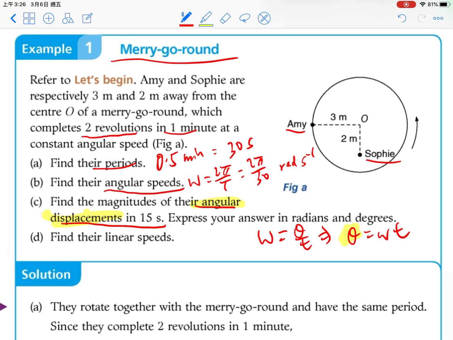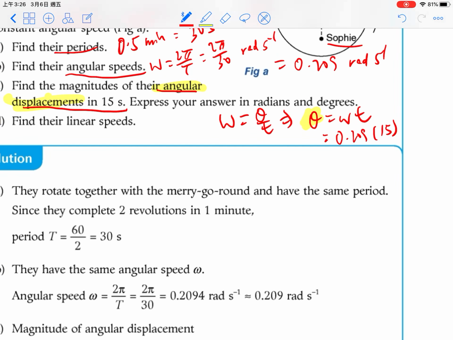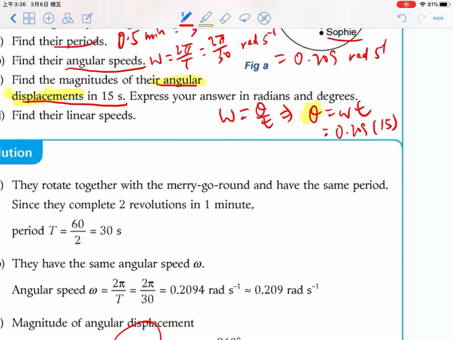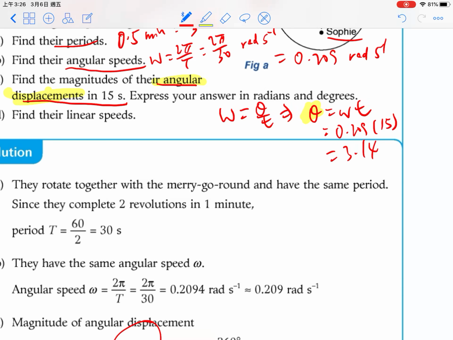Okay, for omega, it will be equal to 0.209 radian per second. So it will be 0.209 times 15. Okay, that would be 3.14 radian.